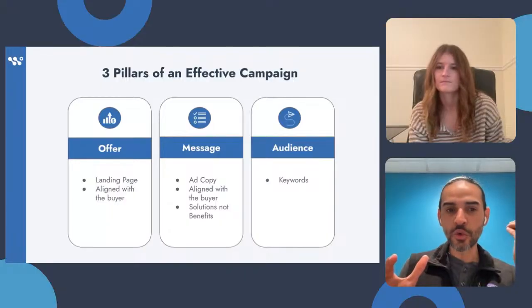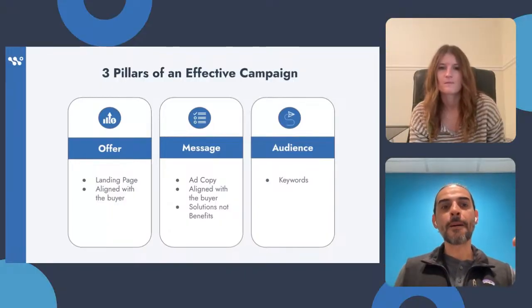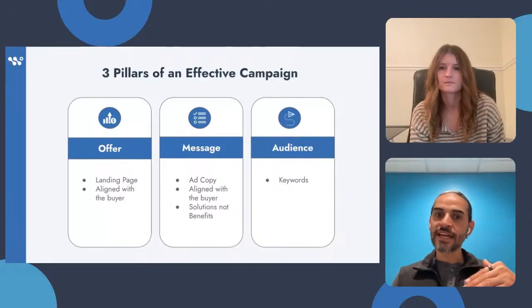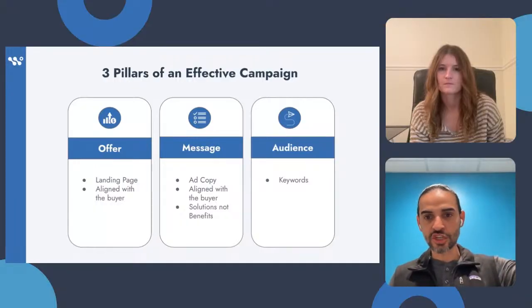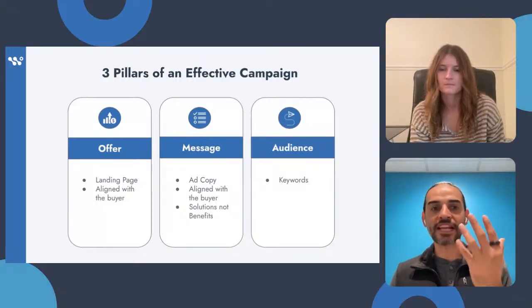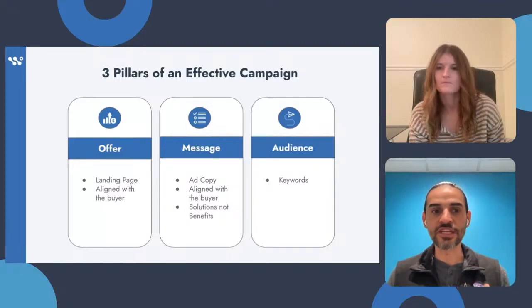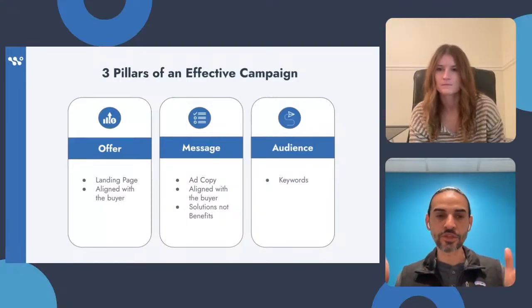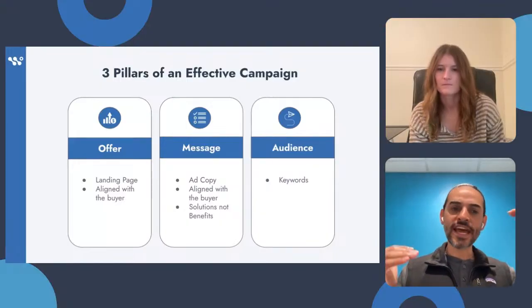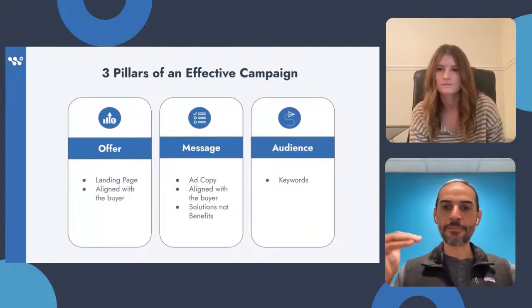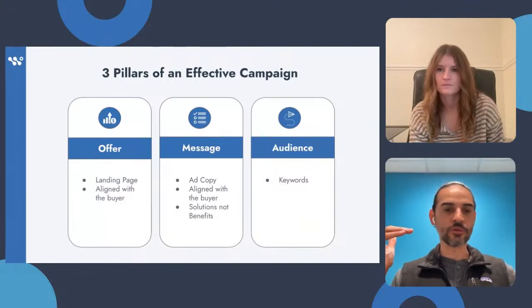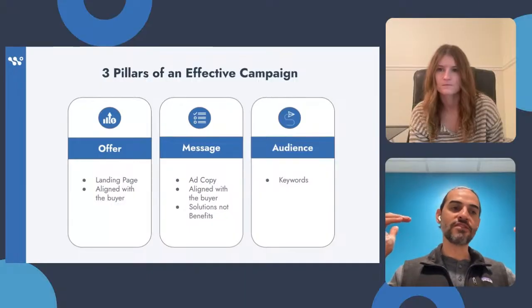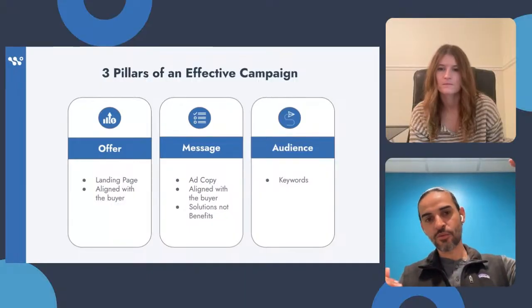The offer really matters, right? Because if someone has a high intent search, you need an offer that matches that high intent. You need to offer something that aligns with that level. And so, yes, there's some nudging that happens when you do advertising and marketing in general. But if you are super misaligned with that, you will not get great results.